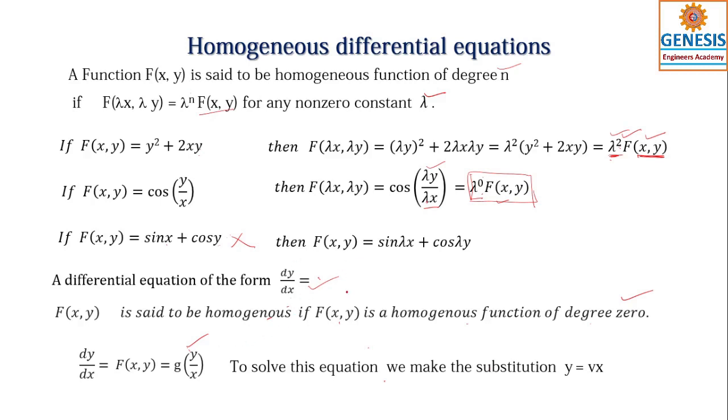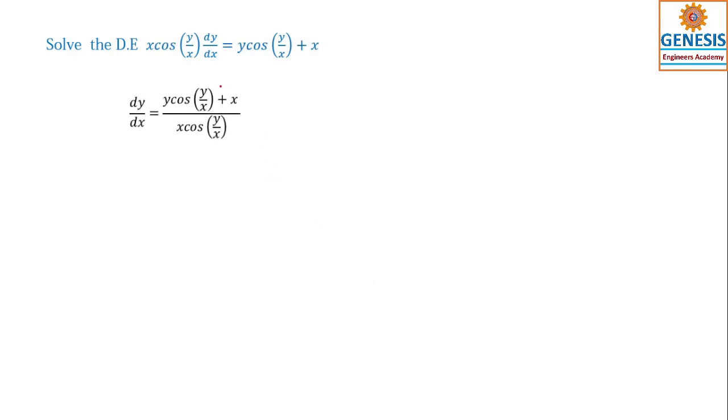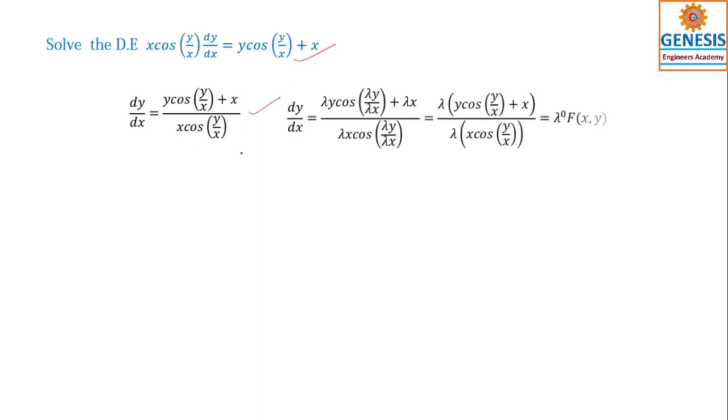Okay, now we will discuss this. So solve the differential equation. Here it is directly given, so dy by dx is equal to this. We have rearranged the given differential equation. Before substituting v for y by x, we need to find whether it is a homogeneous function or not.